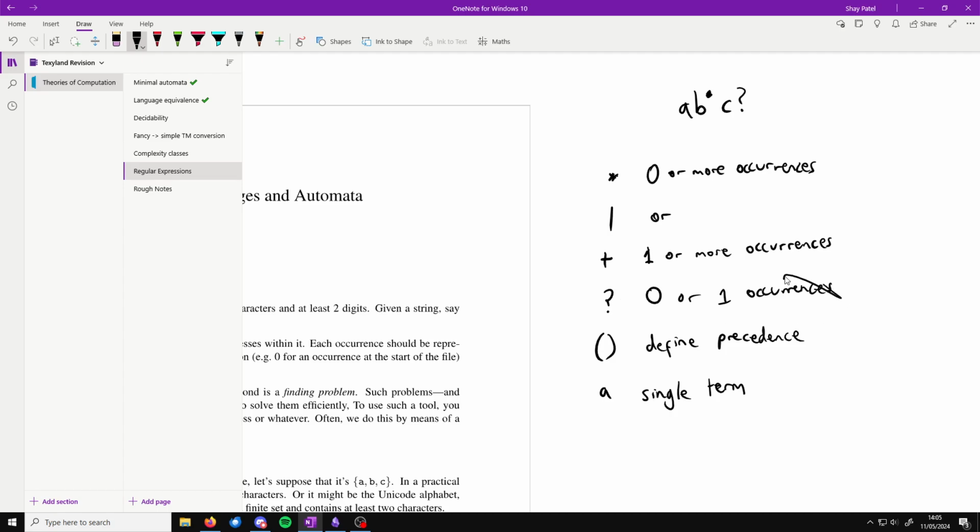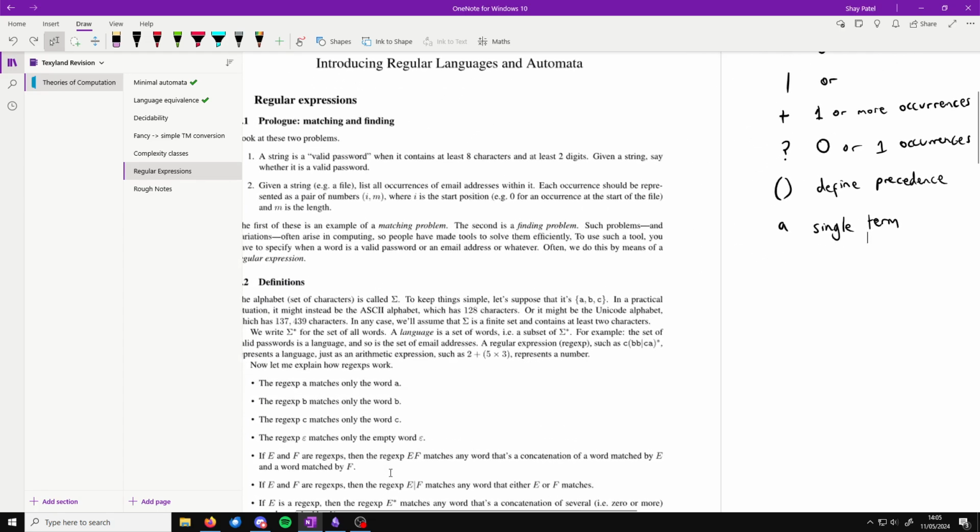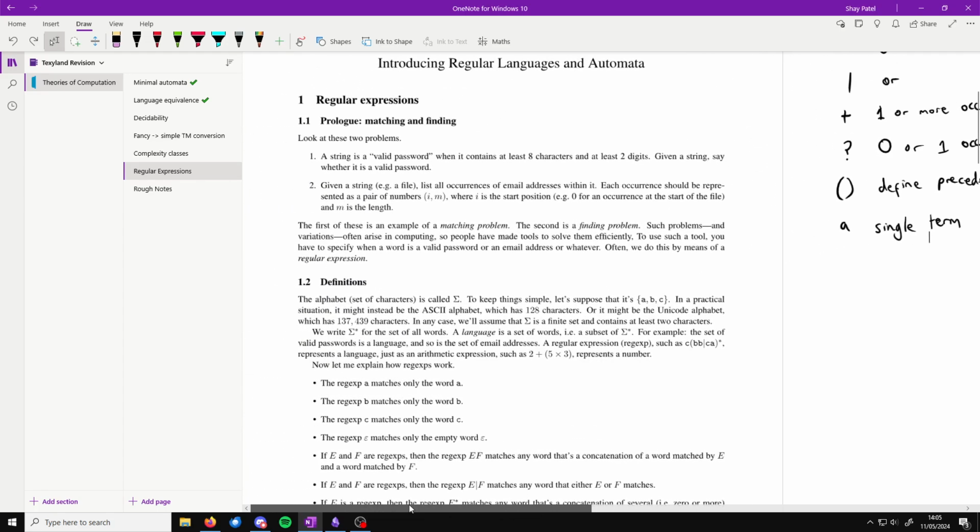To be fair, you might want to not use this in the exam, but I think Todd said we'd still get marks if we use it. There's a few symbols that we haven't covered, but I think we've covered all of these.